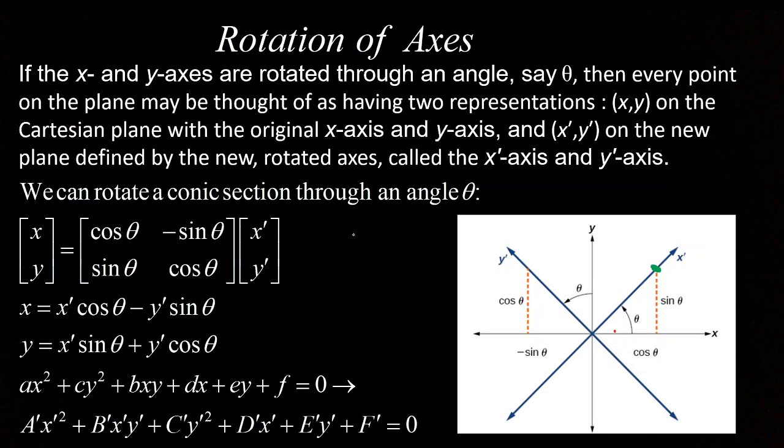And the reason is this. If I have a point here and I want to rotate it theta degrees, that much, then we're going to get this. So let me use x and y axis. I want x to rotate this much, and I want y to rotate that much, right?